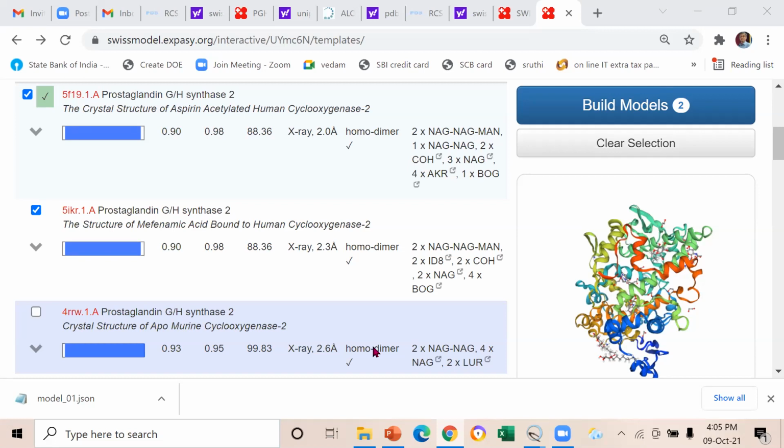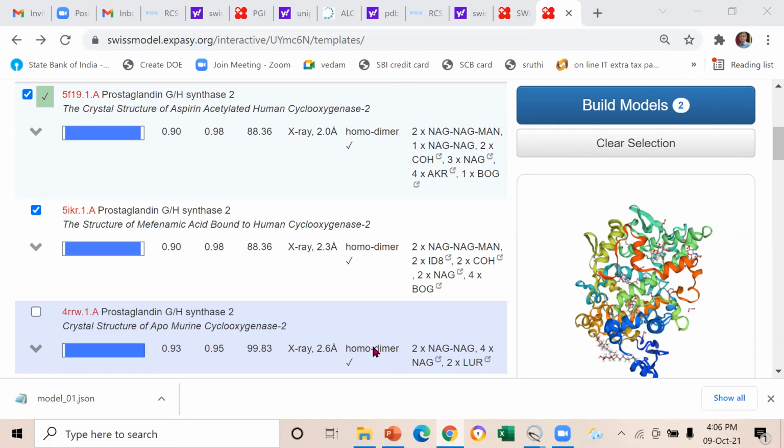Or if you have identified a new protein from your clinical research, and you got a sequence, the amino acid sequence, you don't have a PDB structure, right? So what will you do? You have to do homology modeling. So two reasons you have to do homology modeling.